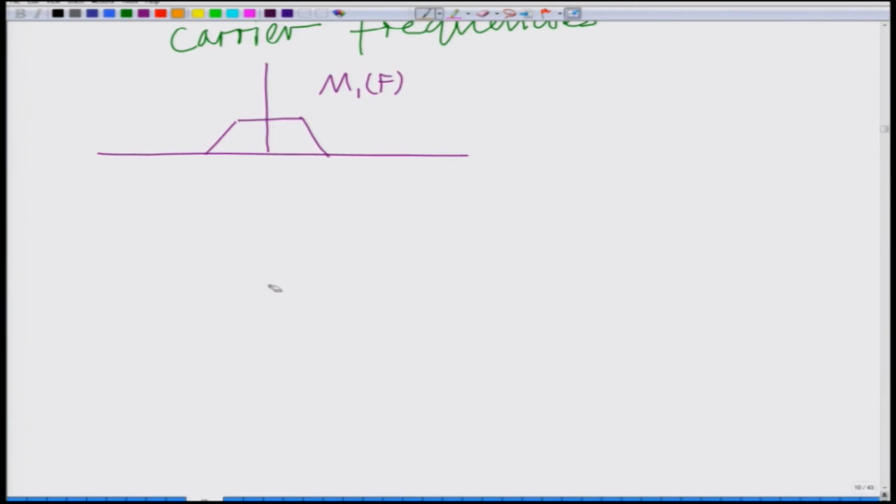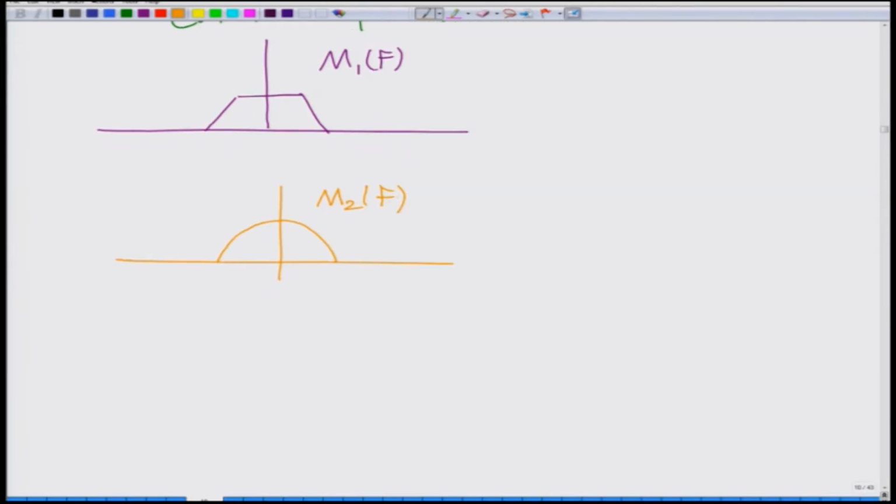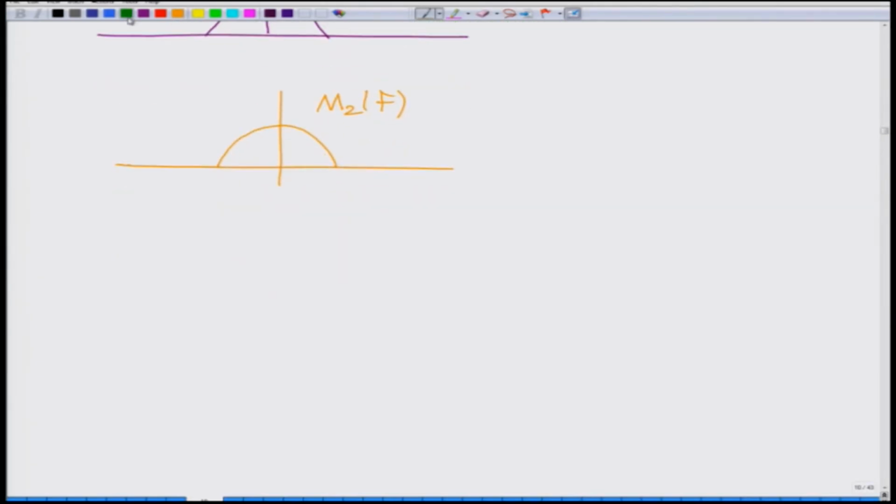Take another signal M2(t), this is the spectrum M2F. Take another signal M3(t), this has spectrum M3F.